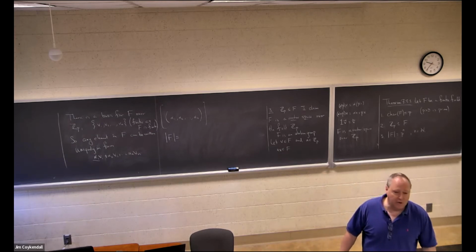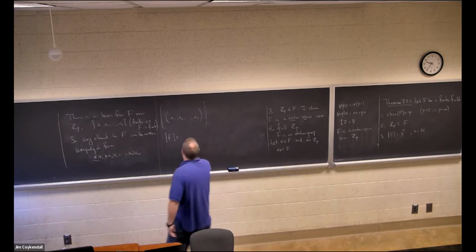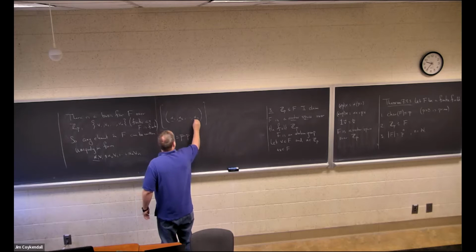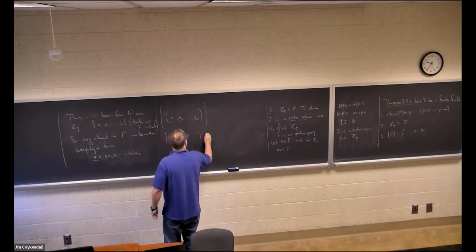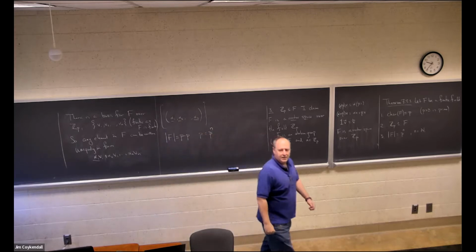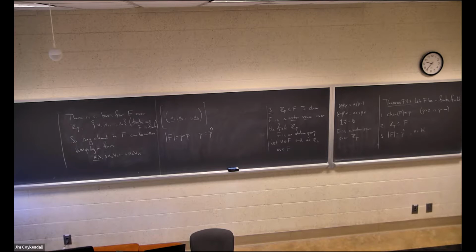How many elements are there in Zp? How many choices do I have for the second coordinate? And so forth and so on. So any finite field has p to the n elements. That's a little bit of magic.